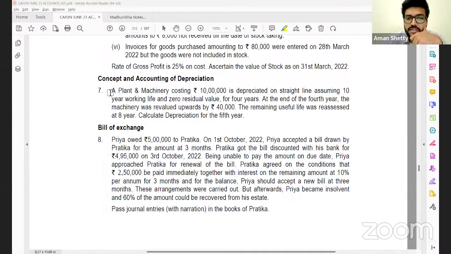Not 212, sorry. It is 200 something. Concept and accounting of depreciation, problem number 7. One of you read the problem quickly.